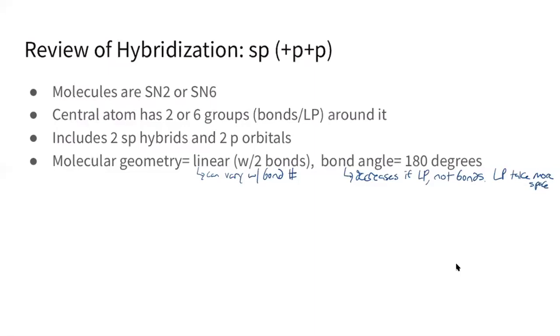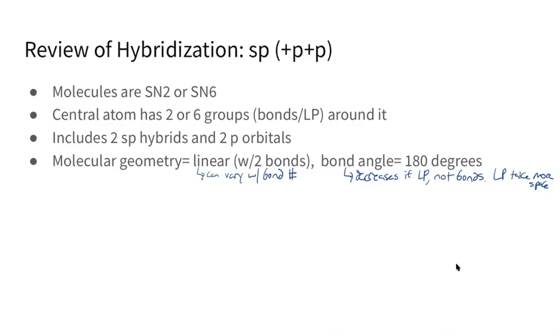And in general chemistry, 2070, I know we referred to this hybridization as sp plus p plus p. However, in organic chemistry, we typically just refer to it as sp hybridization. I made sure to put the plus p in parentheses, because this was something that was really confusing to me when I first started orgo. So it's still there, but we just refer to this hybridization scheme as sp.